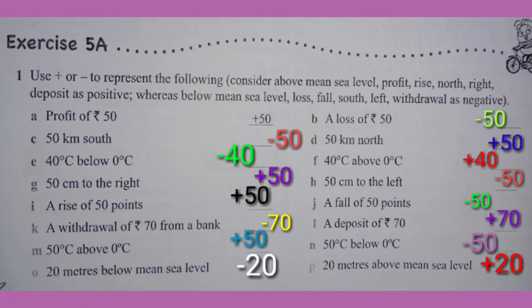And part L, a deposit of rupees 70 which equals plus 70. Part M, 50 degrees centigrade above 0 degrees centigrade which equals plus 50. Part N, 50 degrees centigrade below 0 degrees centigrade which equals minus 50. Part O, 20 meters below mean sea level, which equals minus 20. Part P, 20 meters above mean sea level, which equals plus 20.